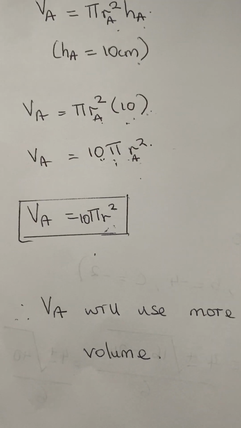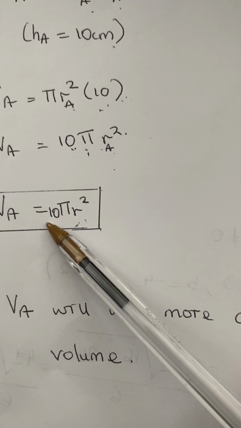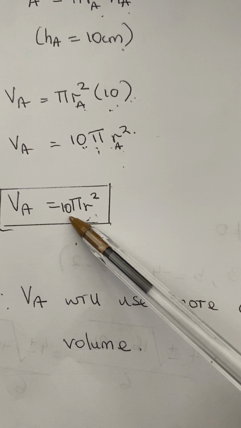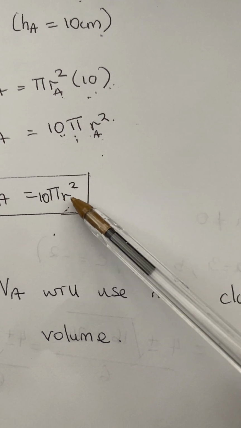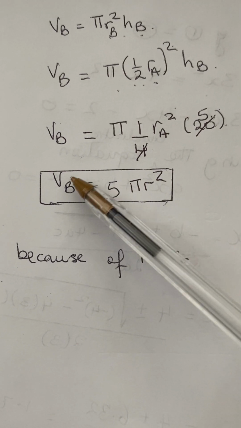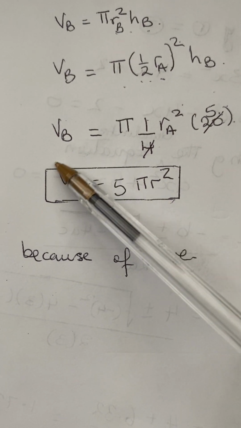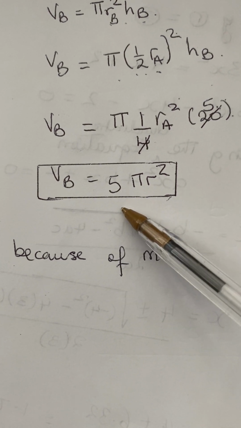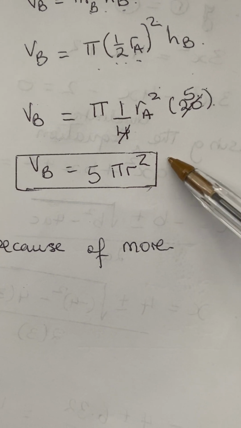Now if I look at my volume for the first part, if I put in clay, I'm going to take 10 pi r squared. The second one, if I put in the clay, I'll get a volume of 5 pi r squared.